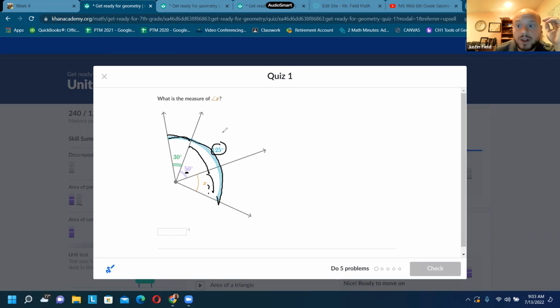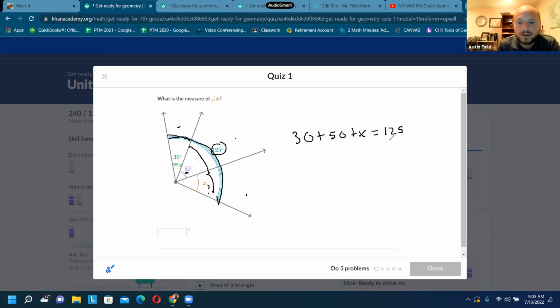There's a thing that we learn in geometry called the angle addition postulate. That says that you can add the 3 small angles together to make the big angle. So I'm going to write it as an equation: 30 plus 50 plus x equals 125.